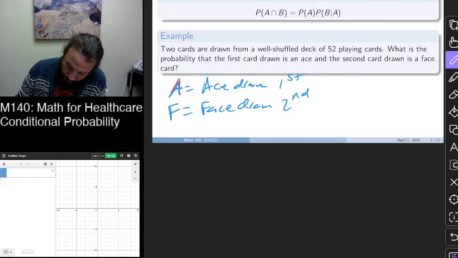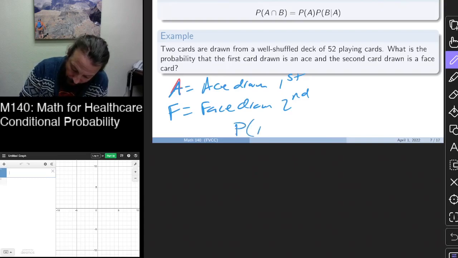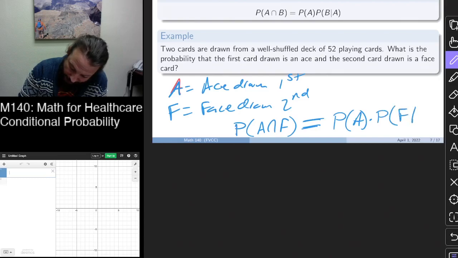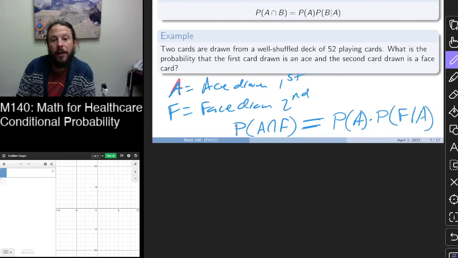Now, from our formula, they're being asked to find the probability of A intersect F. We just learned our formula. That's going to be the probability of A times the probability of F given A. All right?